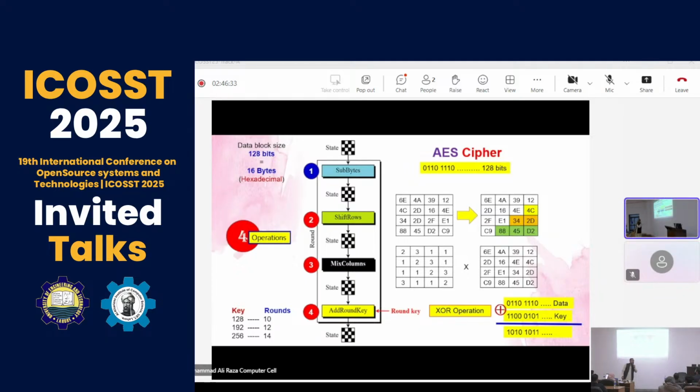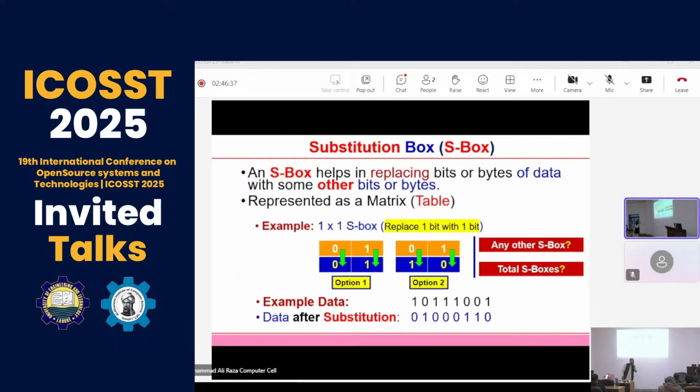What is a substitution box? It is actually a table. It is a relationship between inputs and outputs. It is a table designed so that it defines what will be replaced by what. A very simple example: if I want to replace one bit with one bit, how many possibilities are there? There are only two. The first possibility is that 0 is replaced with 0 and 1 is replaced with 1.